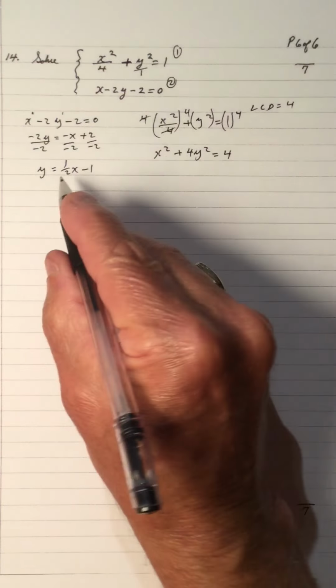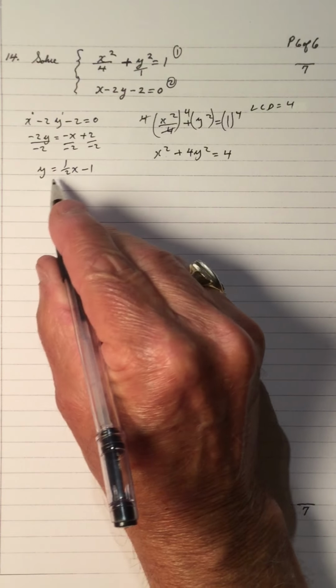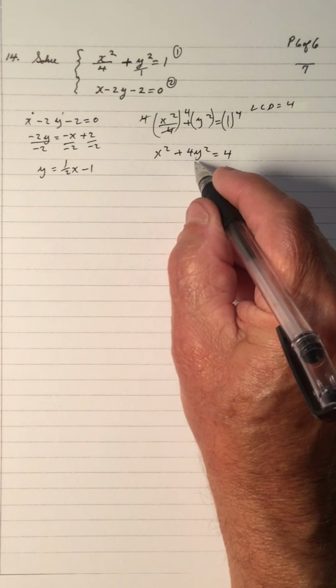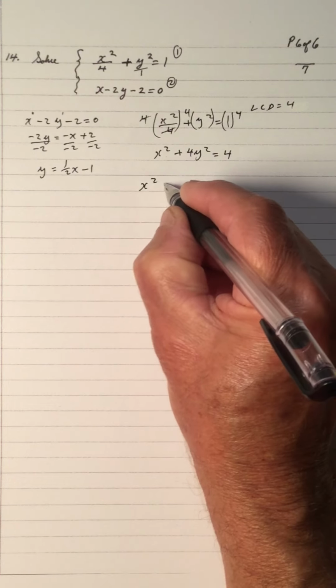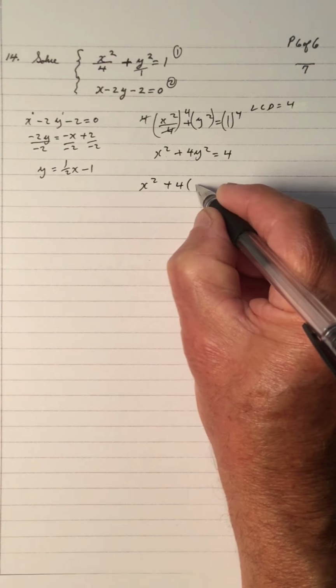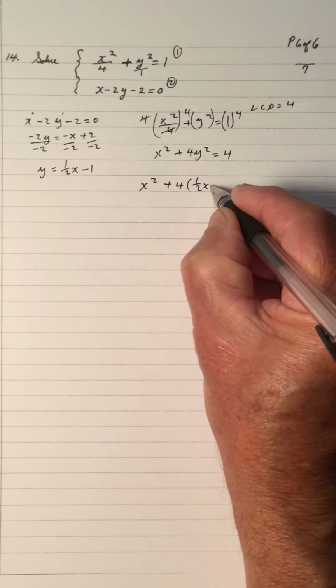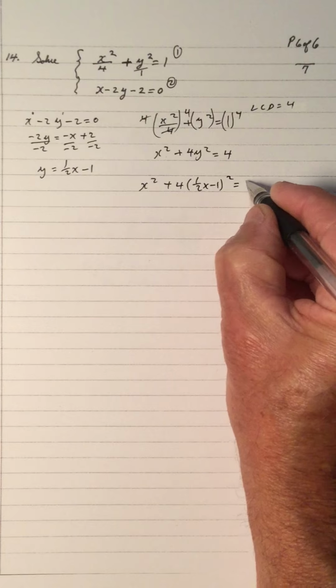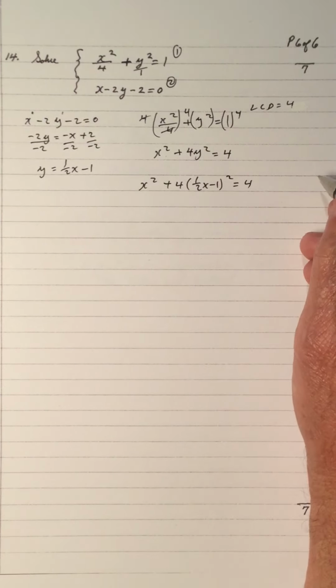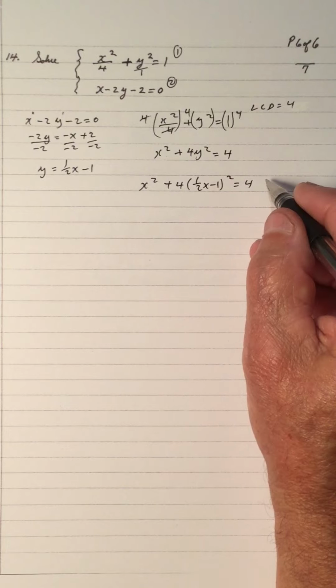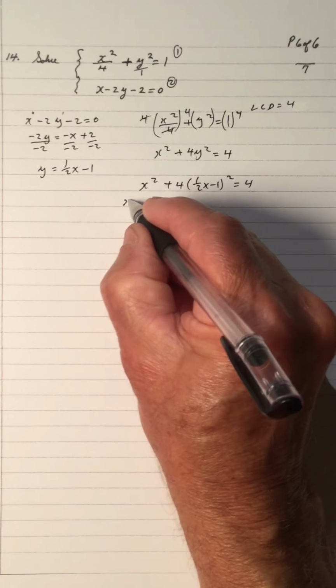So what I'm going to do is take this equation, which is solved for y, and sub it into the ellipse. So I got an x squared. So y is a half x minus 1 squared equals 4. So I have all x's now. So I'm going to solve this out for x.